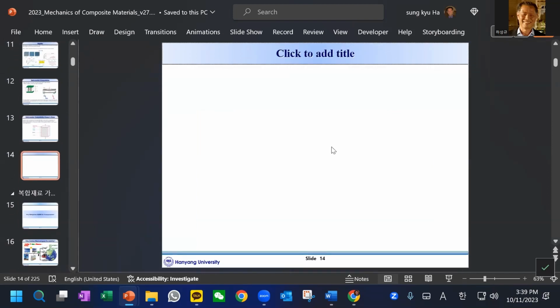Now here, I would like to emphasize the two most important behaviors of the composite before we start to study the mechanics of the composites. Two main issues: one is the fiber and the other is the resin.